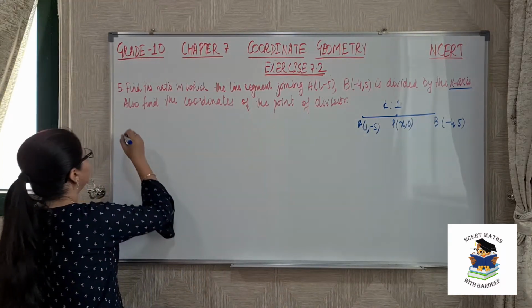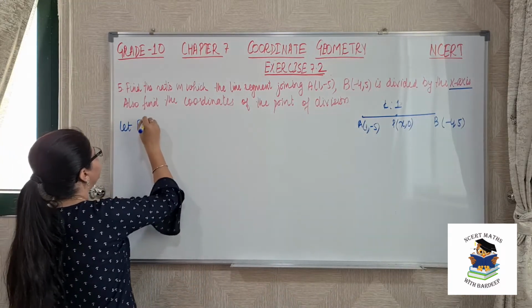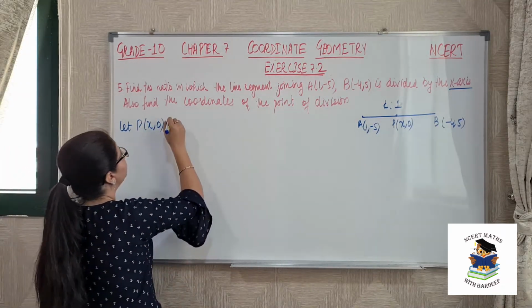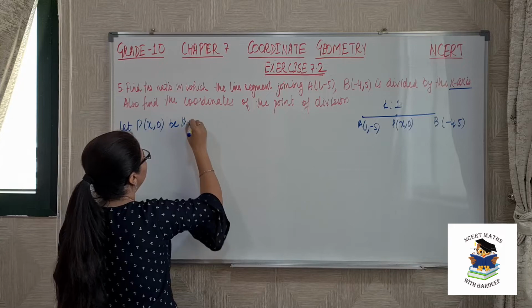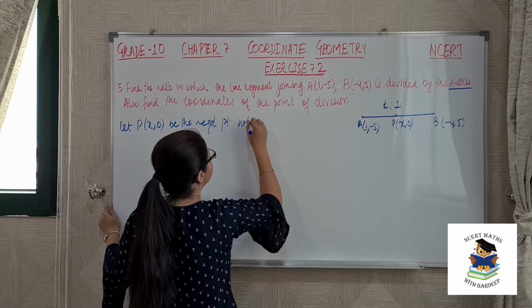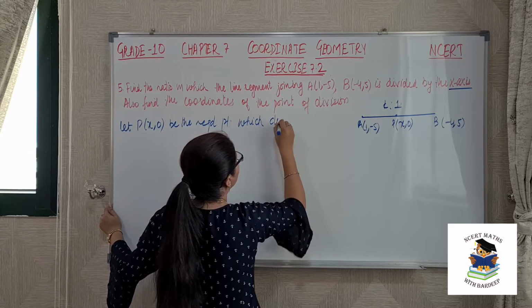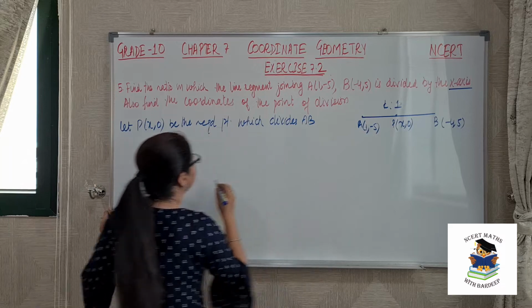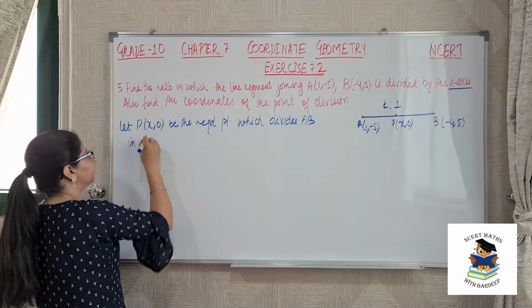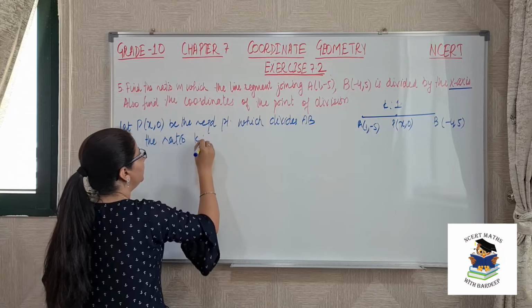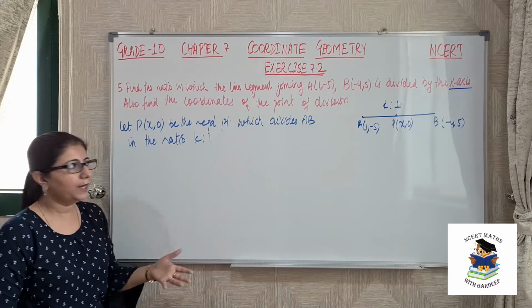So let's write. Let P, whose coordinates are (x, 0), be the required point which divides AB in the ratio k is to 1.